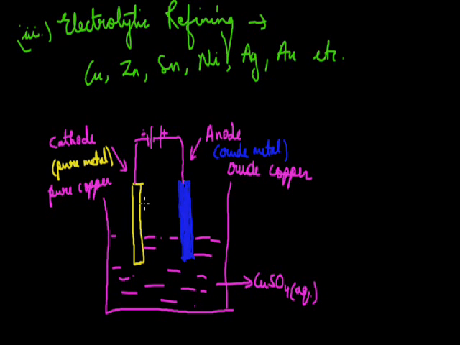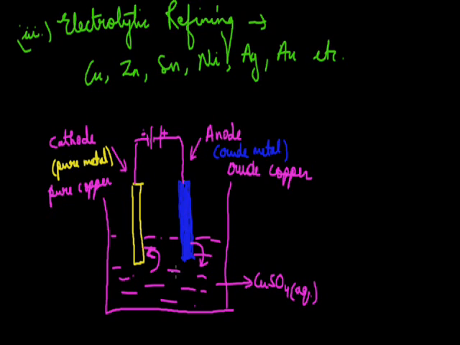What is happening here is, on passing electric current through the electrolyte, the metal from the anode dissolves into the electrolyte. From here the metal will start dissolving and pass into the solution, and the same amount of metal which is passing into the solution will get deposited on the cathode.